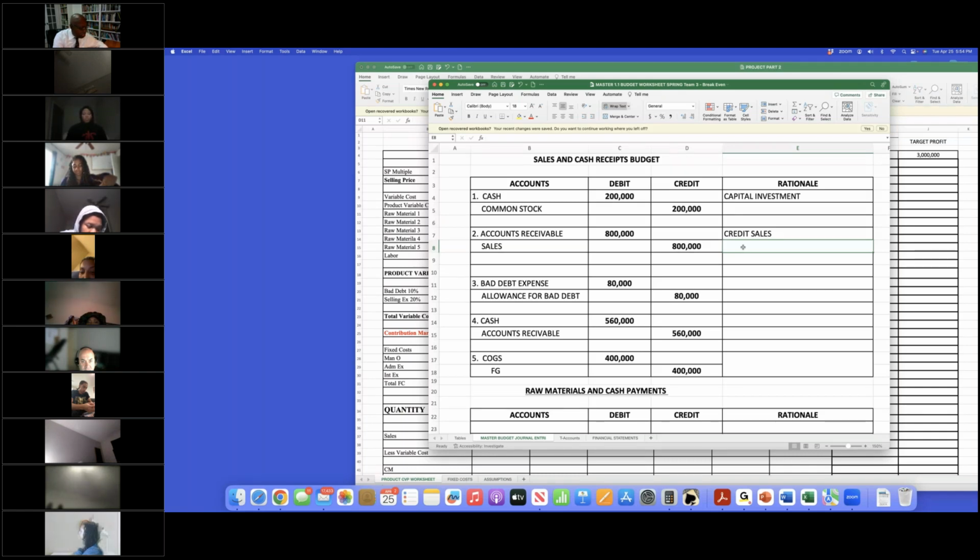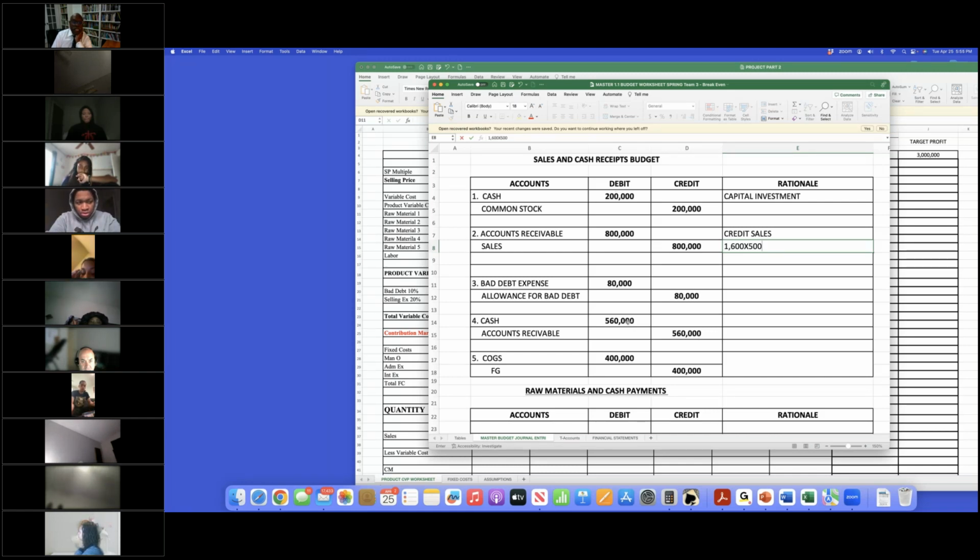What was the selling price? 500. Okay, so that's $800,000. Bad debts was 10%, so we debit bad debt expense. Then we collected 560, right? So we debited cash and credited accounts receivable. Any question on any of the first 4 journal entries?